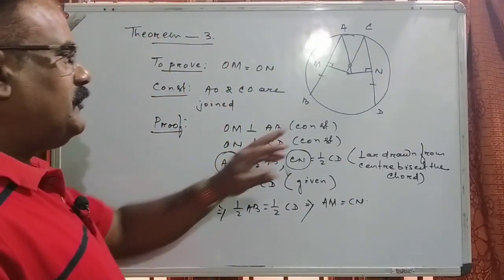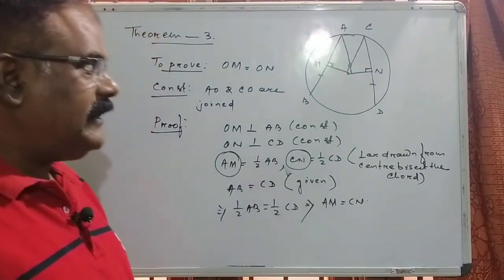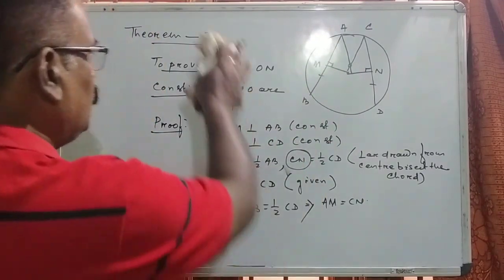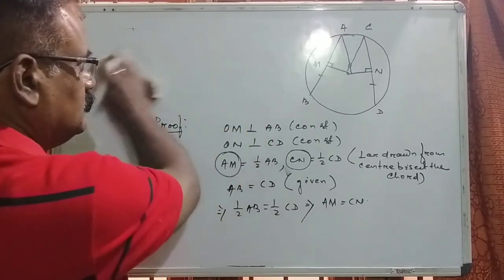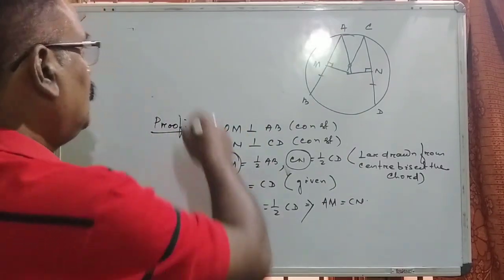Now come to these two triangles, triangle AOM and triangle CON.